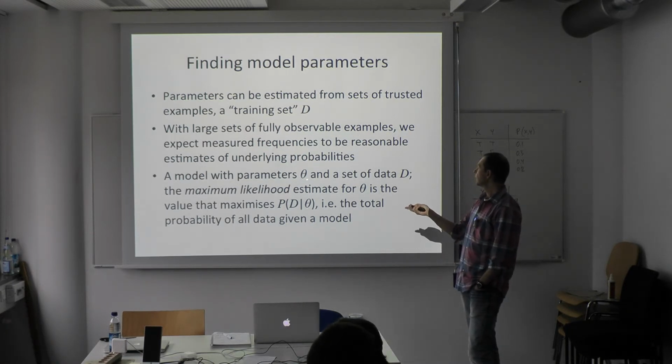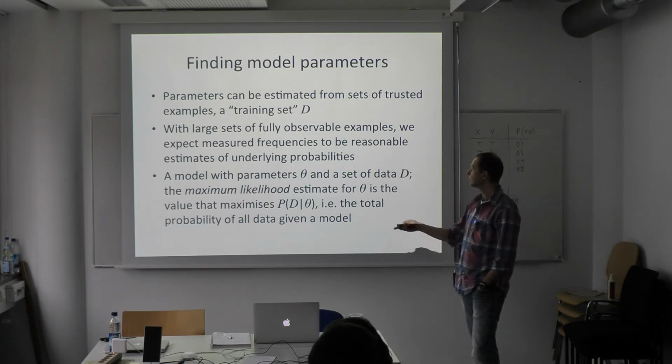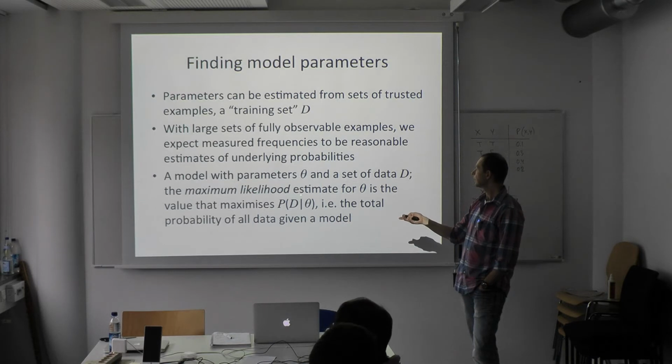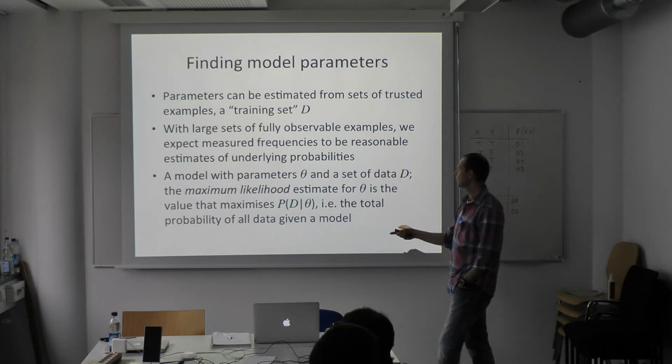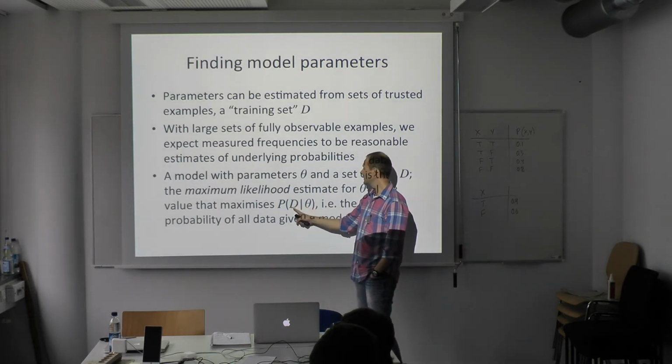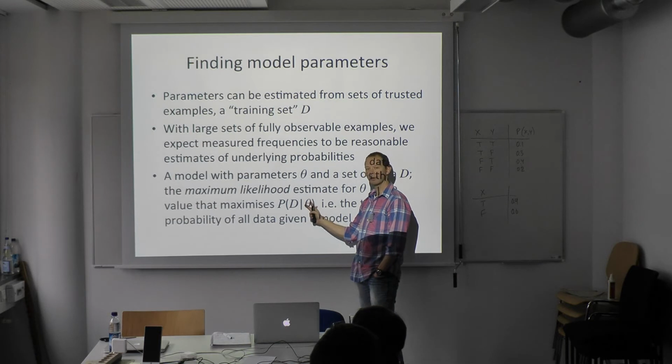So a model with parameters theta and a set of data, that's the scenario that we have in mind. A maximum likelihood estimate for theta is the value that maximizes this expression here. So this is the probability of the data given theta. This is our monkey, or a model, the model parameters.